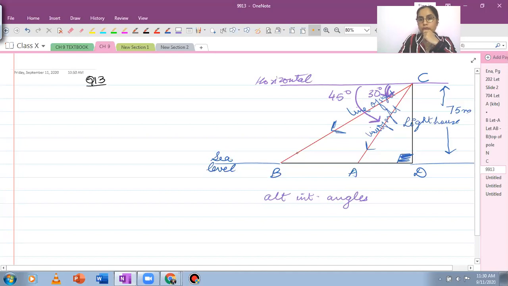So if you want, you can just number that this is angle 1, let's say this is angle 2. Angle 1 will be equal to 30 degrees. And angle 2 will be equal to 45 degrees.